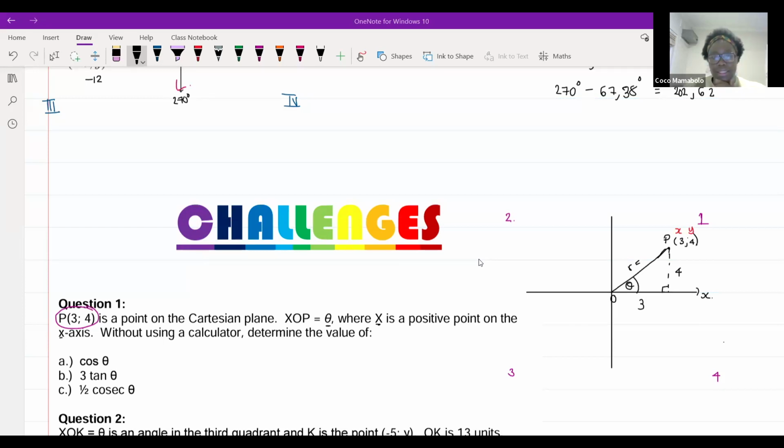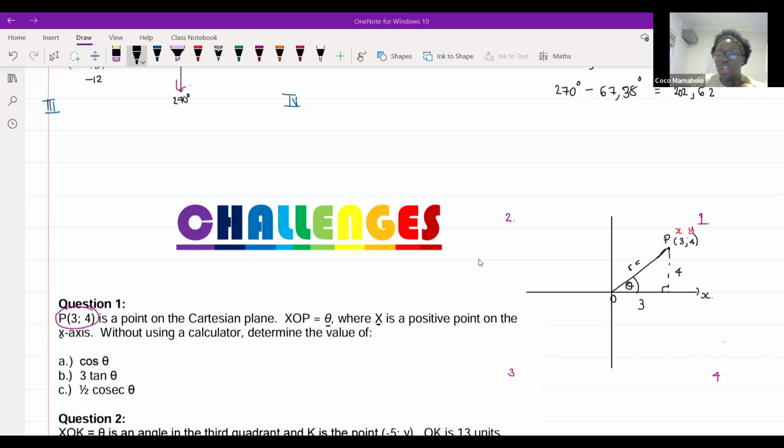Your sine needs the hypotenuse. R is equal to 5.